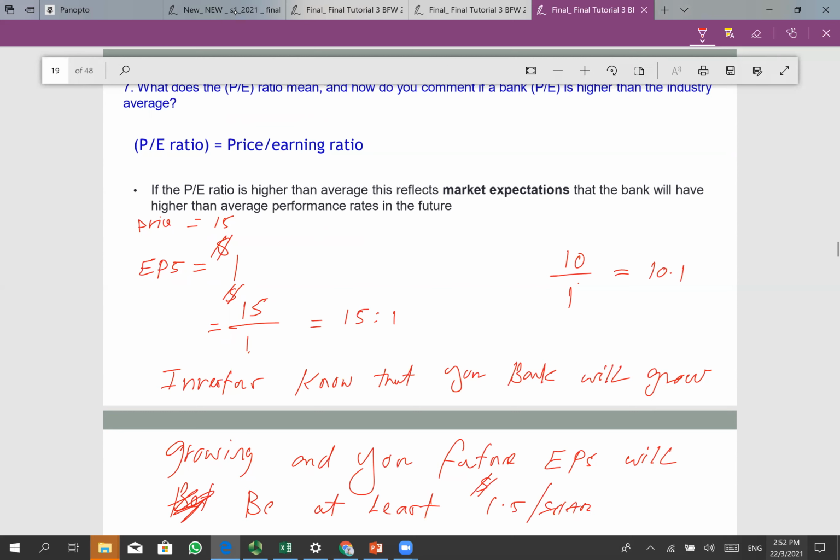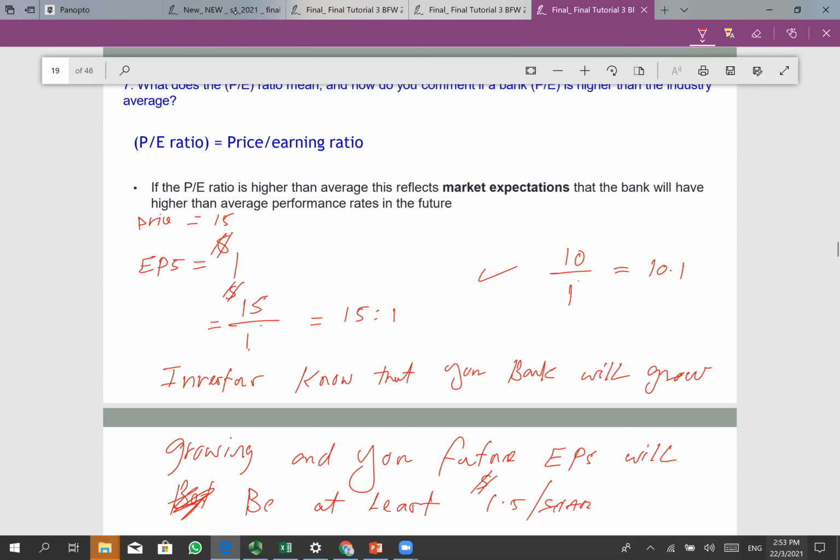And this is why they are willing to pay you 15. So this is the whole thing, which means they are expecting that you are going to give them earning per share more in the future, compared to the industry, because you are going to grow.